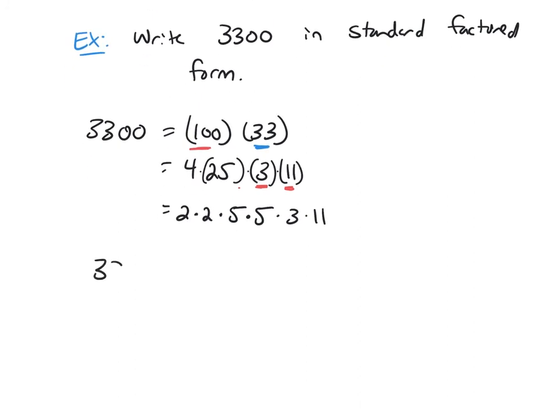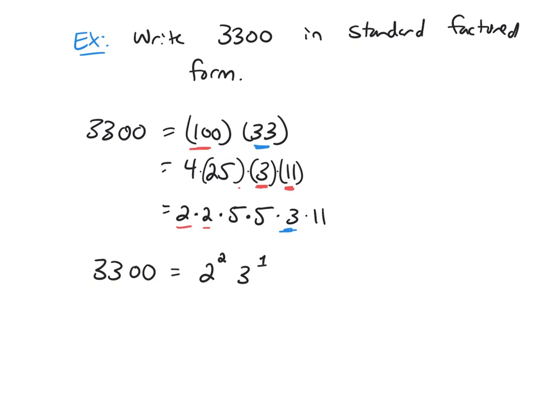So all we have to do now is write them in ascending order and with exponents. So start with your smallest prime number. My smallest prime number is 2. So it would be 2, and there were 2 factors, so it would be 2 squared. My next smallest prime would be 3, and it only occurred once.